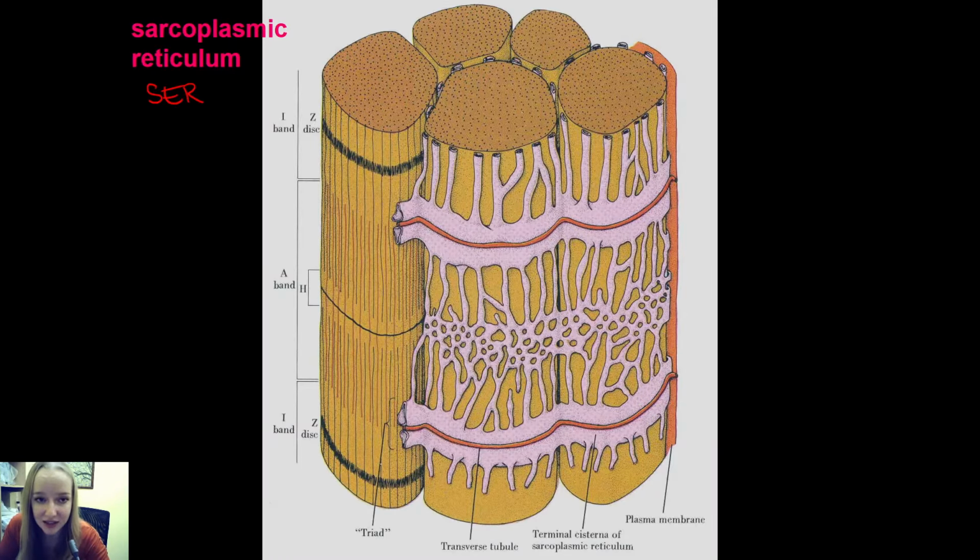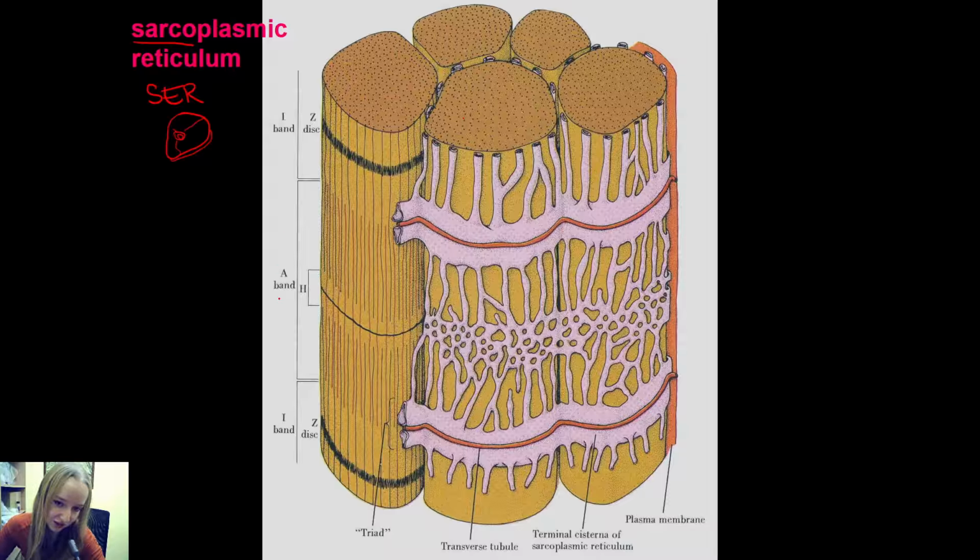Okay. So it's arranged very specifically in the muscle fiber. Here we have myofibrils. You can see these thick filaments inside. There are also thin filaments, but these are the myofibrils. This is the basic structure of a sarcomere.